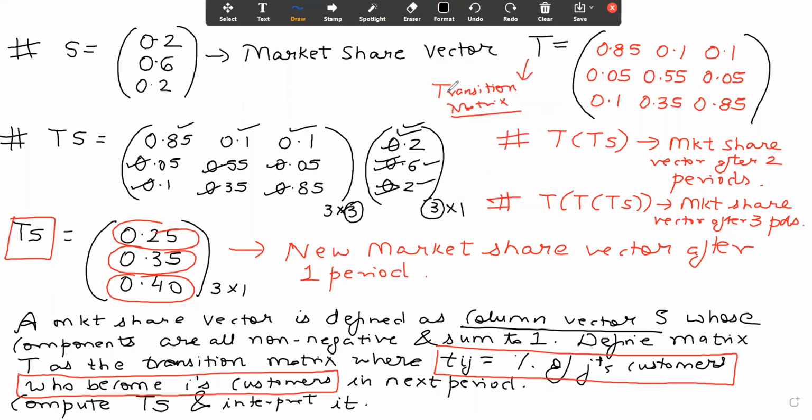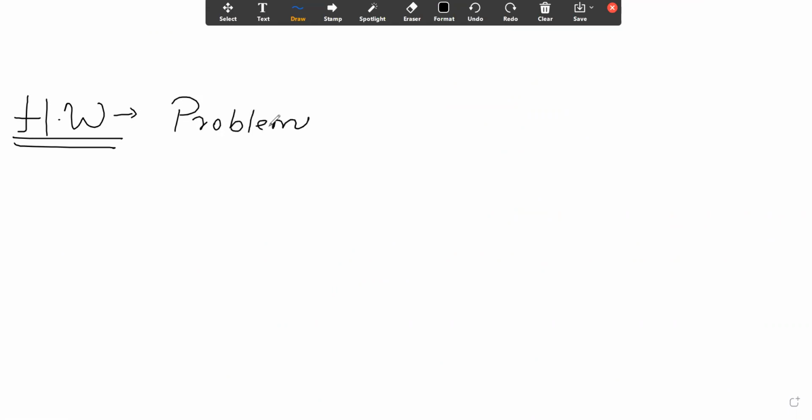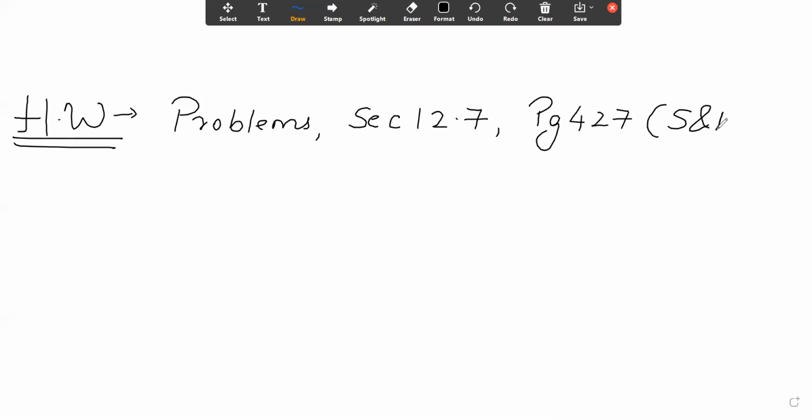Homework question for all students. For this particular lecture, all students can note down the homework which you will solve at home. These are problems from Section 12.7, page 427 of Sater and Hammond.